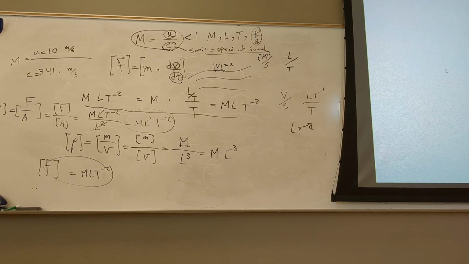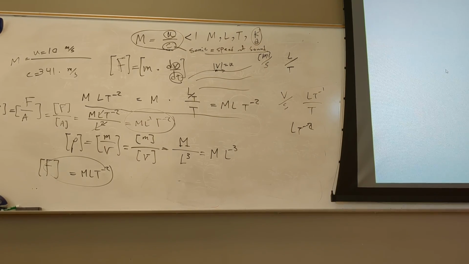M cancels out with M. Oh, I'm sorry, for V, I thought this was volume, this is velocity. So you get L T minus 1, right? Velocity is here, so you get L T minus 1.